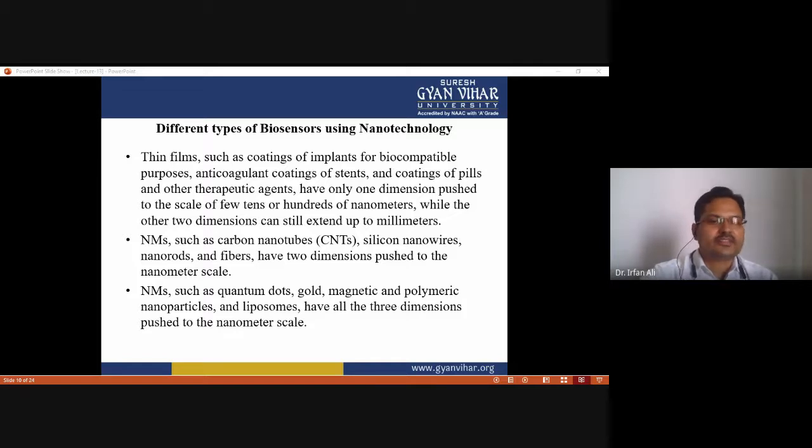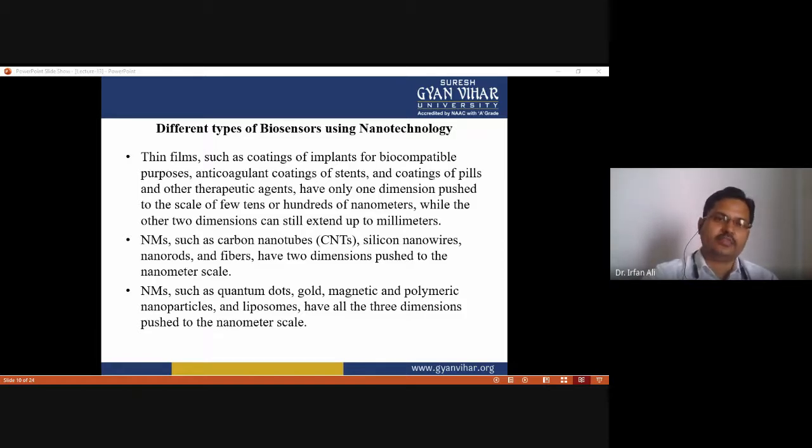That's why various kinds of nanomaterials, such as gold nanoparticles, carbon nanotubes, magnetic nanoparticles, and quantum dots, are being applied to biosensors because of their unique physical, chemical, mechanical, magnetic, and optical properties. Okay, that can enhance the sensitivity and specificity of biosensors.